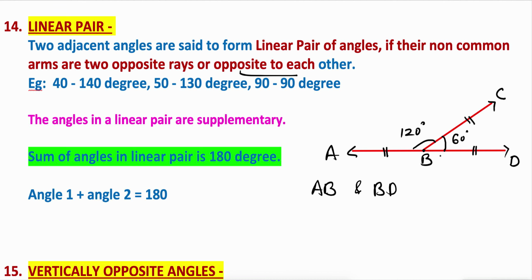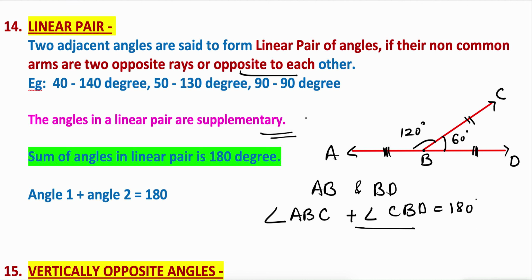The main condition for a linear pair is that the sum of the angles should be 180 degrees. Only if the sum of the two angles, angle ABC plus angle CBD, is equal to 180 degrees, then only will the non-common arms be opposite to each other. Then only can they form a linear pair. So the angles in a linear pair are supplementary.